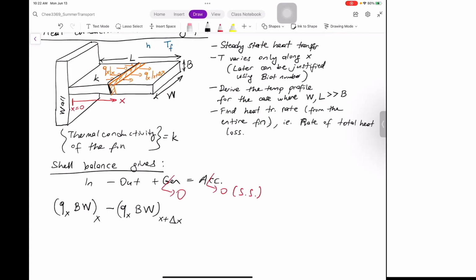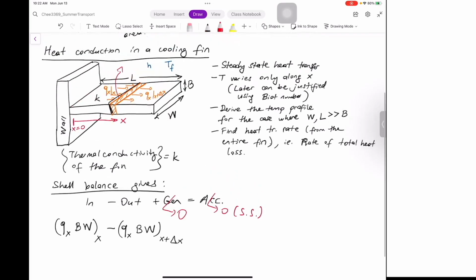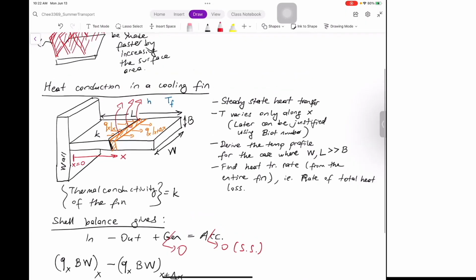This is not the only heat output. So you have one input here, but you have 2 outputs. Let me write down specifically. Another output is basically this one. This is also Q out.